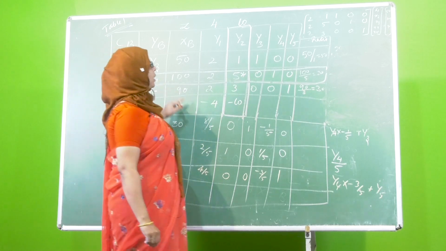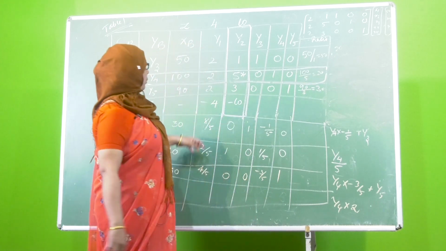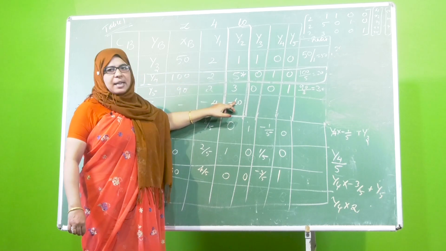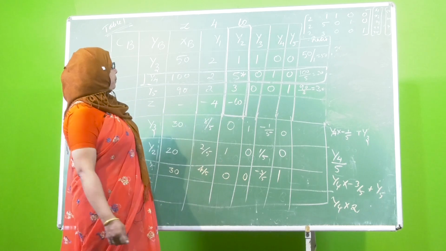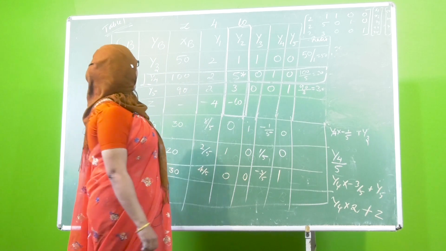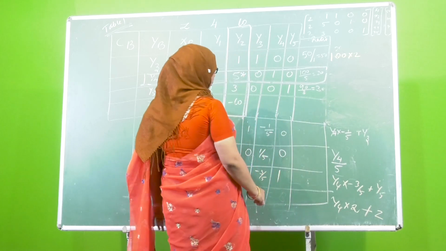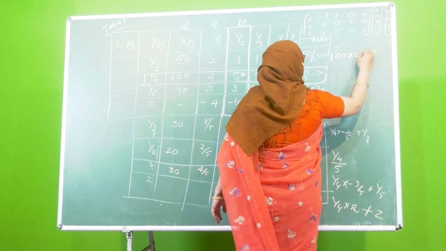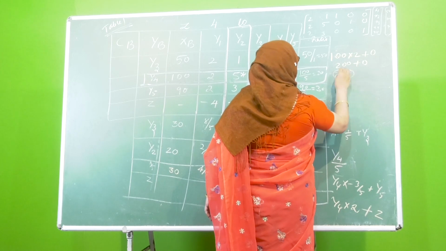So, y4 into 2, because y4 into 2, 5 into 2 is 10, 10 minus 10, we are getting 0. So, y4 into 2 plus z. So, y4, what is the value? 100 into 2 plus z, nothing. So, 200.